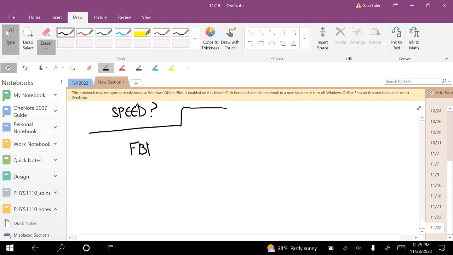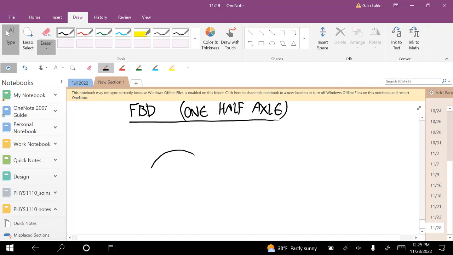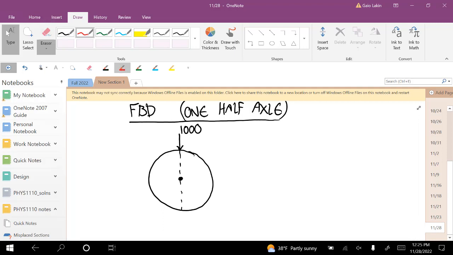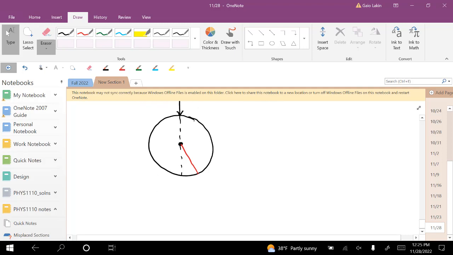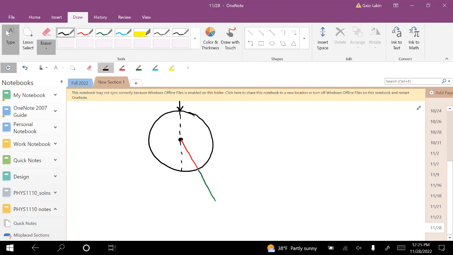So, free body diagram of 1/2 of the axle. And we have the weight coming down of 1,000. We have the weight also pointing up of 1,000.